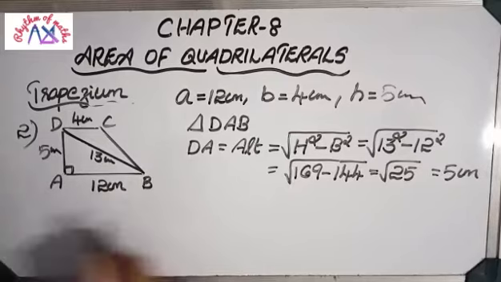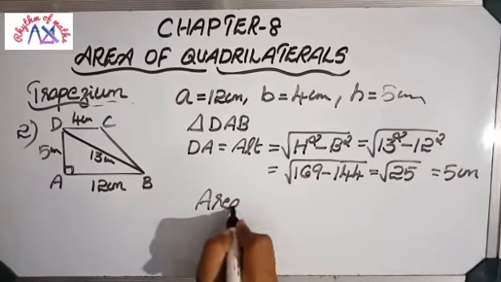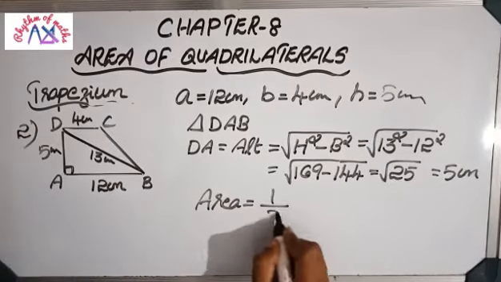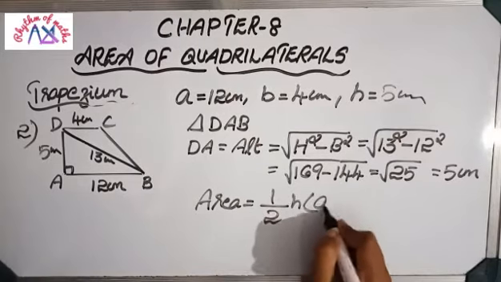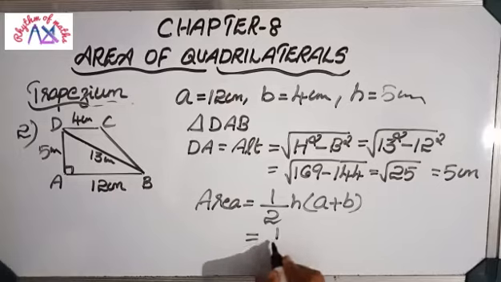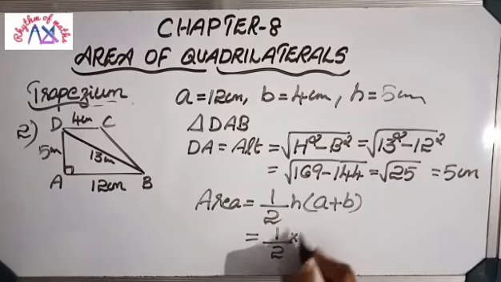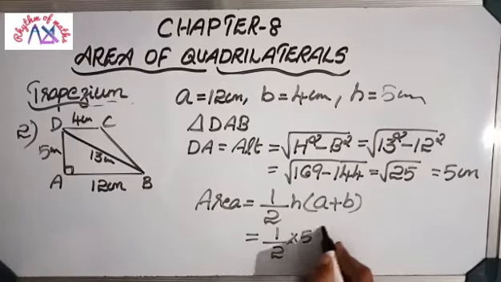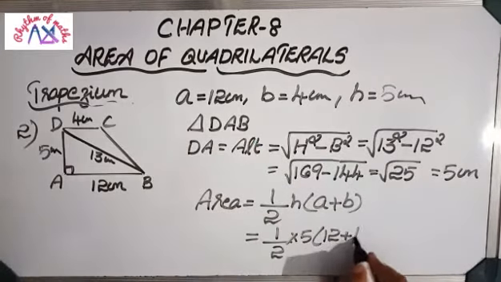DA is 5 centimeter. Now to find area, what is the equation? Half h into a plus b. All the measurements we got, just apply the values. So half into h is 5, a is 12 plus b is 4.